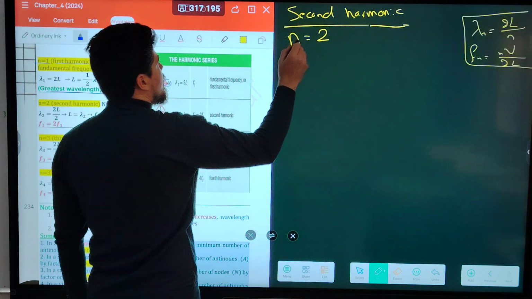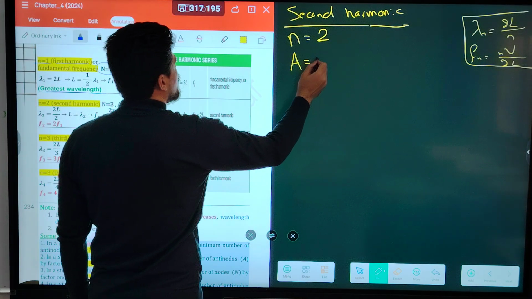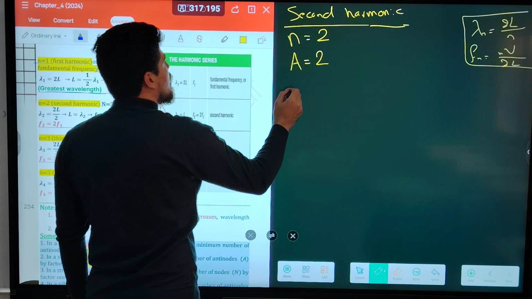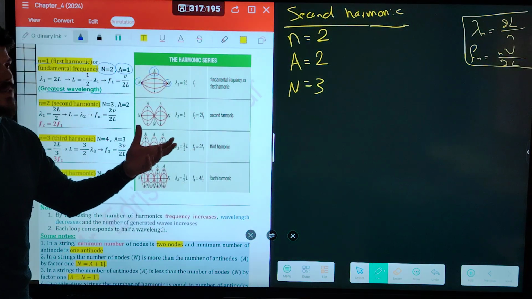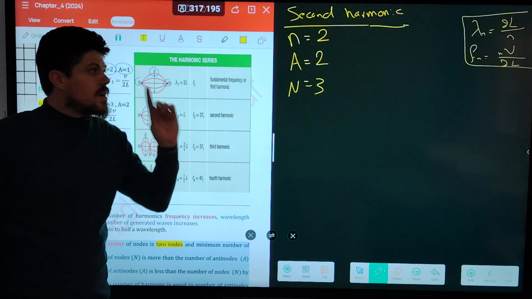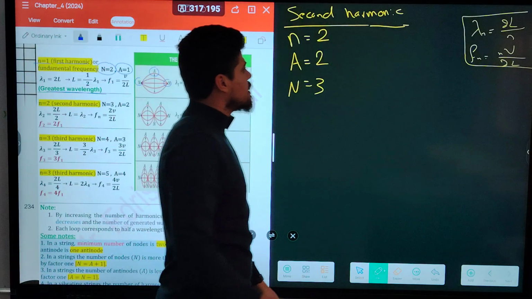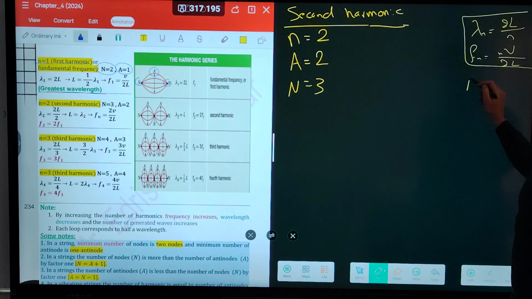And in the second harmonic, we have 2 antinodes and 3 nodes. In a vibrating string, in a standing wave, number of nodes always, guys, look, number of nodes always equal to A plus 1.